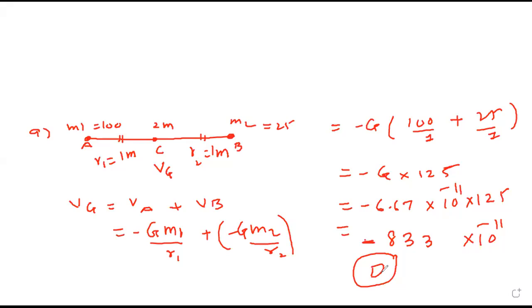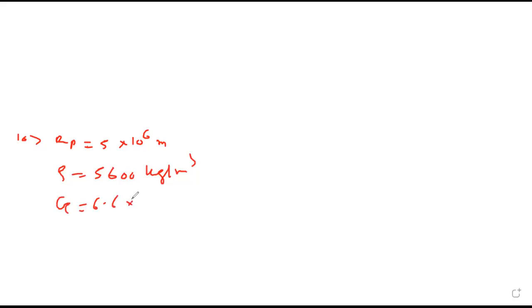Next one will be, if the radius of planet is 5 into 10 raised to 6 meter, its mean density rho is 5600 kg per meter cube, and G is 6.6 into 10 raised to minus 11 in MKS unit.